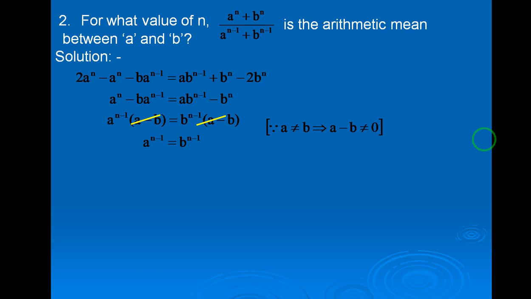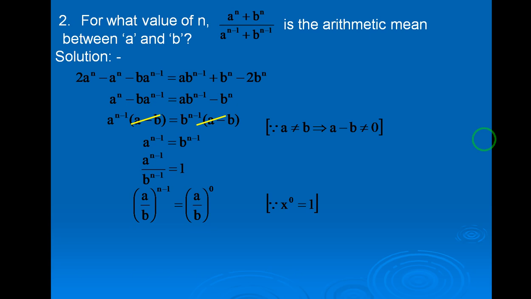Therefore we get a^(n-1) = b^(n-1), or a^(n-1)/b^(n-1) = 1, or by rearranging (a/b)^(n-1) = (a/b)^0, because anything power 0 is equal to 1, that is x^0 = 1.